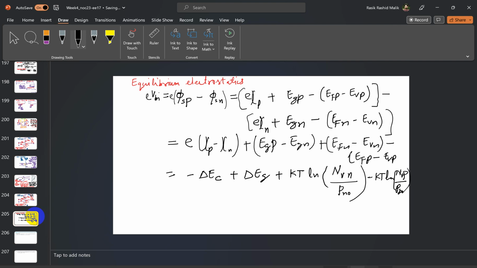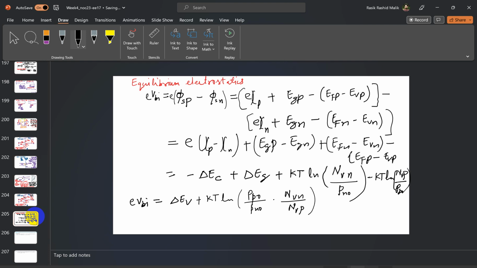Okay, so the equation will be now summarized as EVBI equal to delta EV, because delta EV is delta EG minus delta EC, plus KT ln of, we can write these two logarithms as one logarithm, and then this will be PP0 divided by PN0 and NVN divided by NVP.